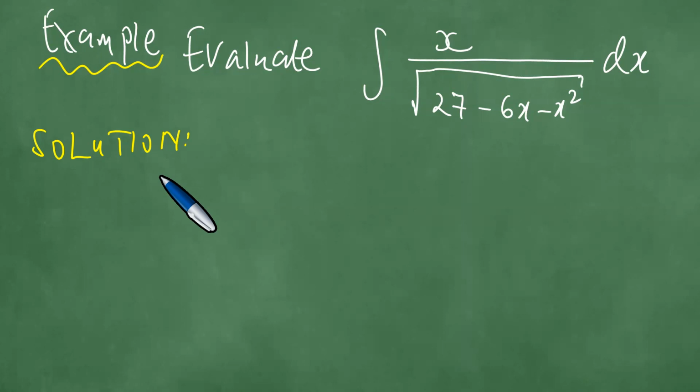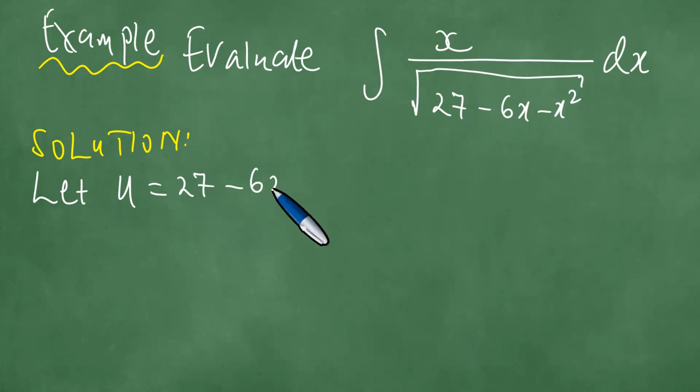So now we then say, you're going to let u be exactly 27 minus 6x minus x squared.